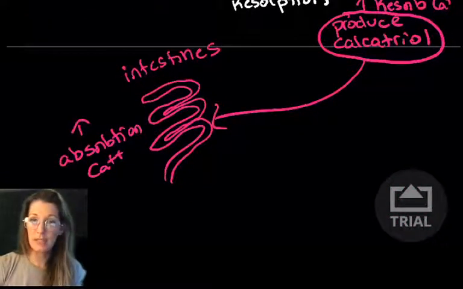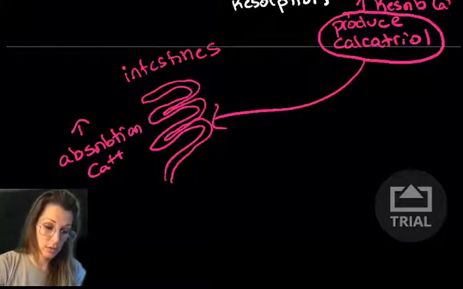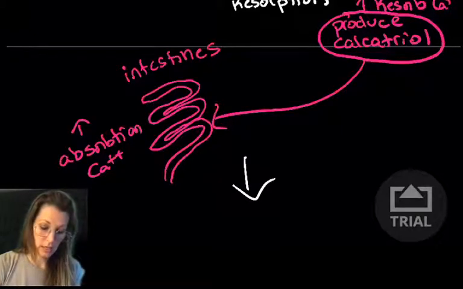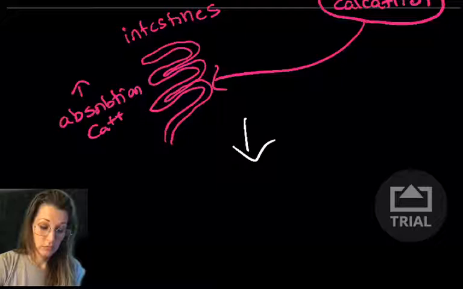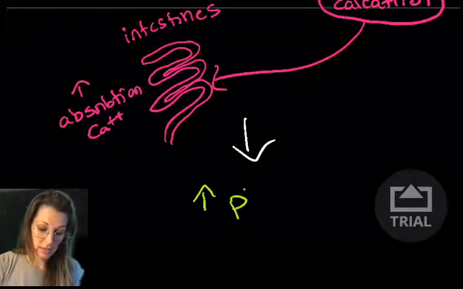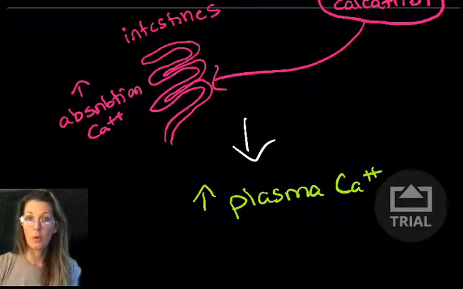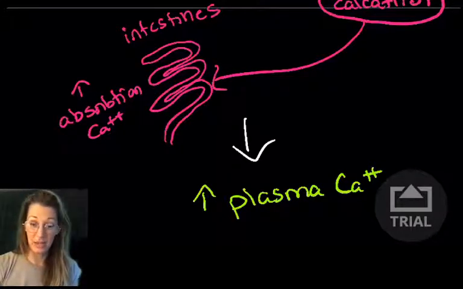So when all of this calcium is getting dumped into the blood from all these different sources, the result is that now, awesome, we get an increase in plasma calcium.